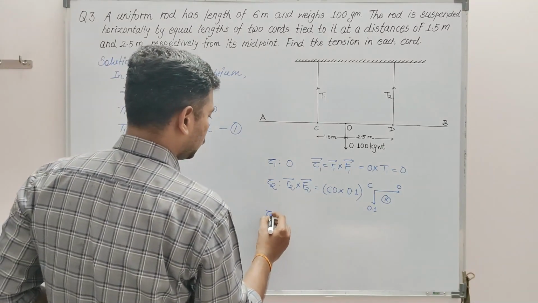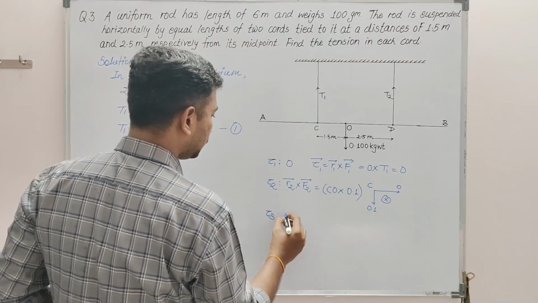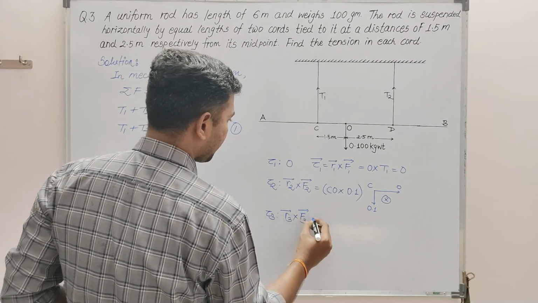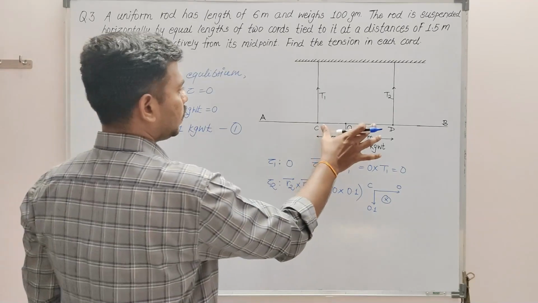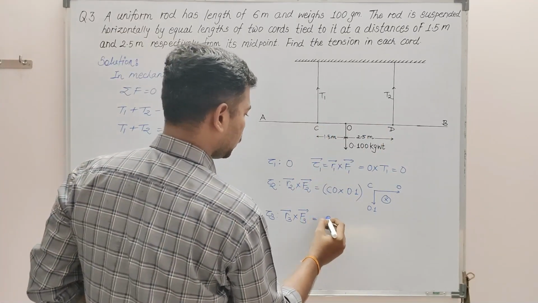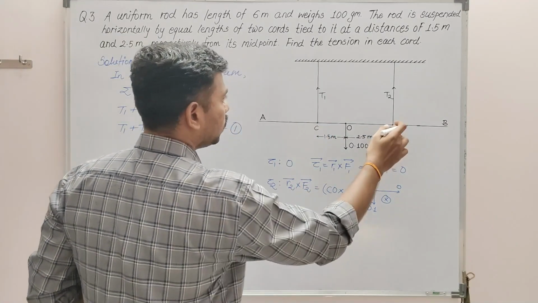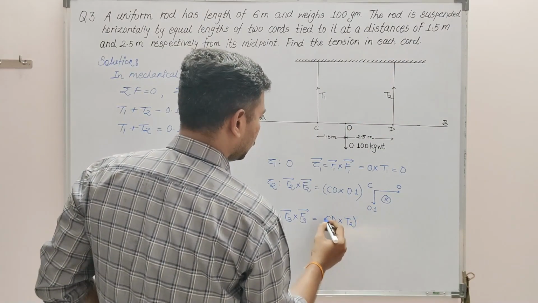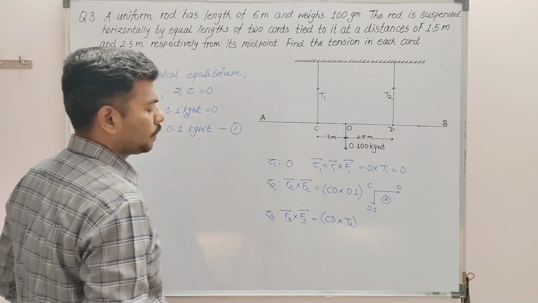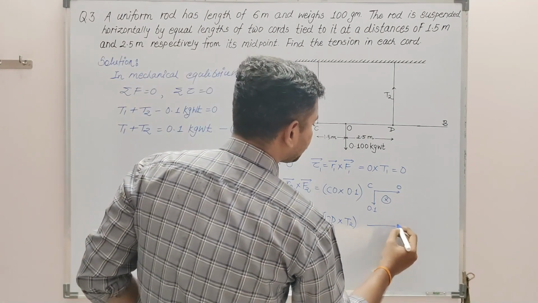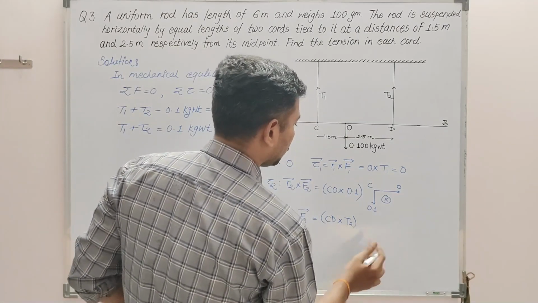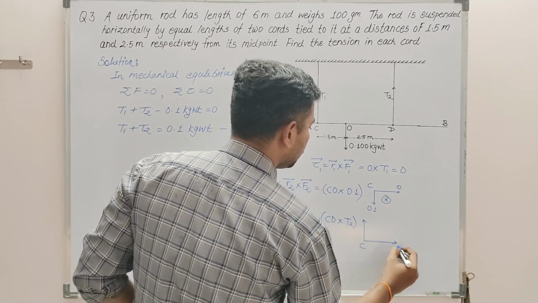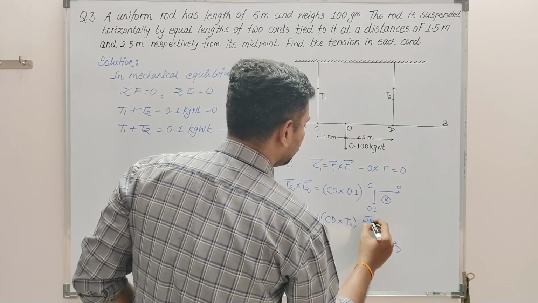Now what about torque 3? Torque 3 is R3 cross F3. R3 is CD, so we write CD into force T2, which is acting upward. This is the magnitude of torque, and the direction can be found this way. This is the CD vector and this is the T2 vector.